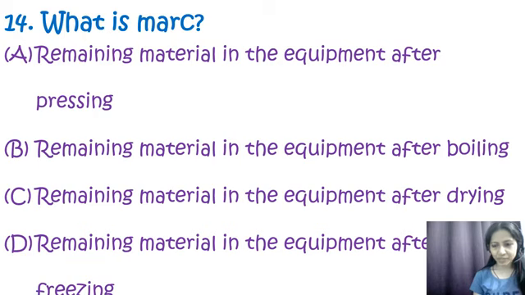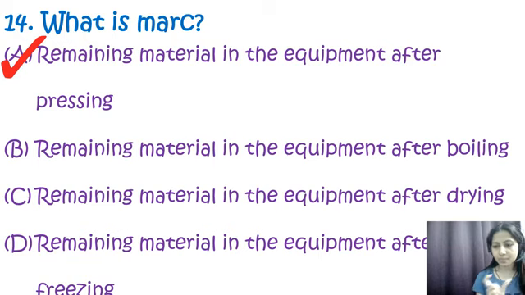Question number 14, what is mark? Options are remaining material in the equipment after pressing, or remaining material in the equipment after boiling, remaining material in the equipment after drying, or remaining material in the equipment after freezing. So over here the most appropriate answer is A, that is the remaining material in the equipment after pressing.